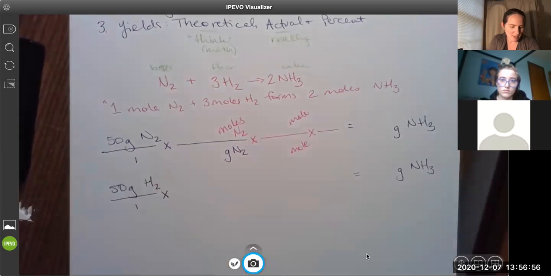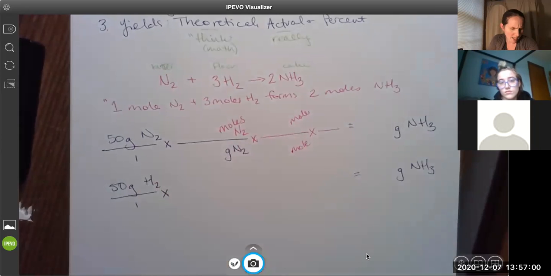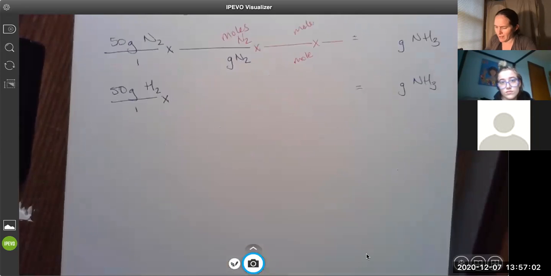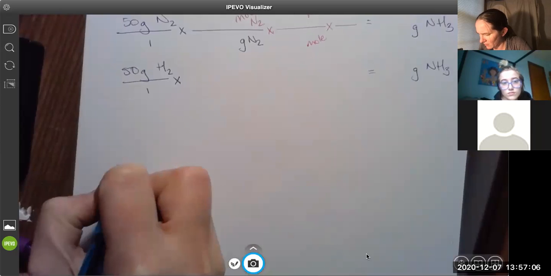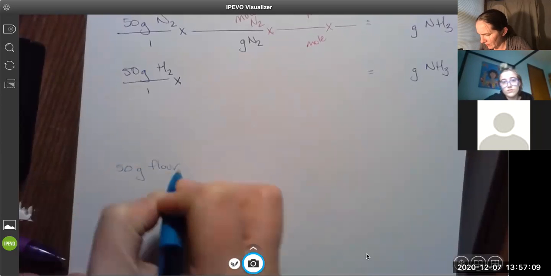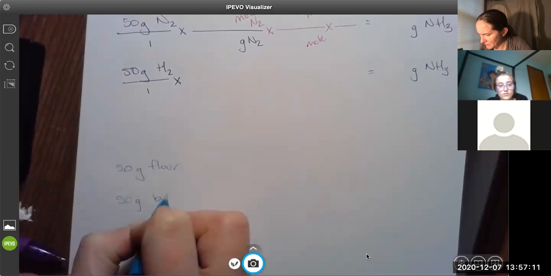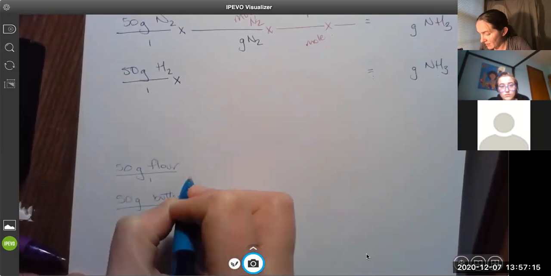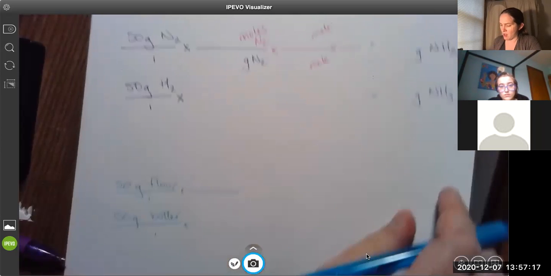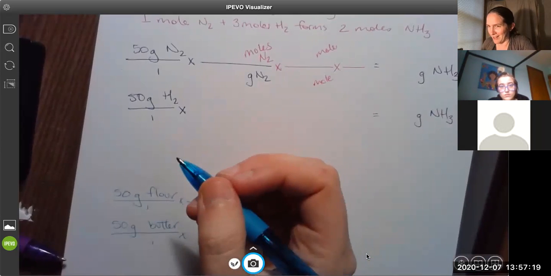It's like, we can do a parallel thing here. What if we had 50 grams of flour and 50 grams of butter? But for a recipe, we need, actually I don't bake that much.